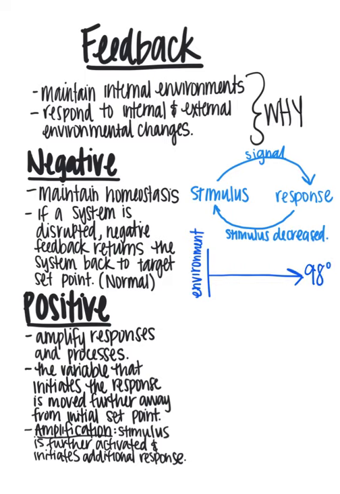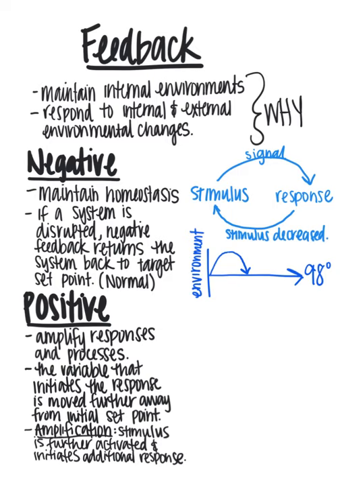The average body temperature is around 98 degrees. So if your body temperature gets too hot, let's say you go outside, your body is going to respond to that through a negative feedback loop in order to return your internal body temperature back to that normal temperature by sweating.